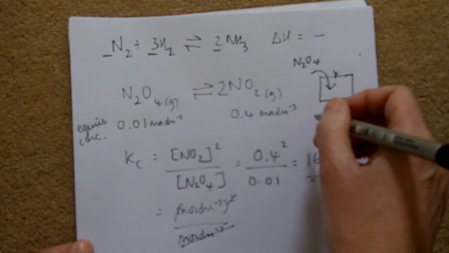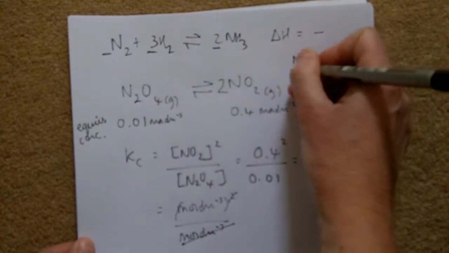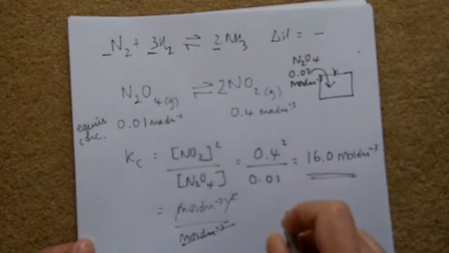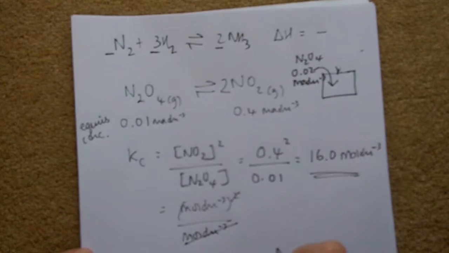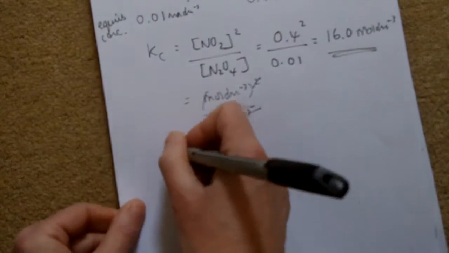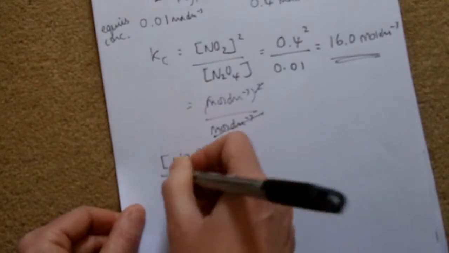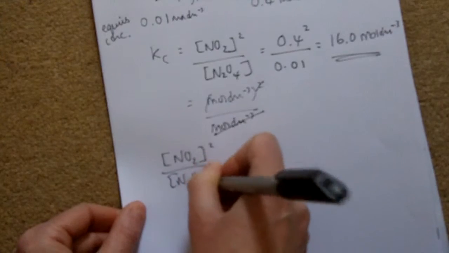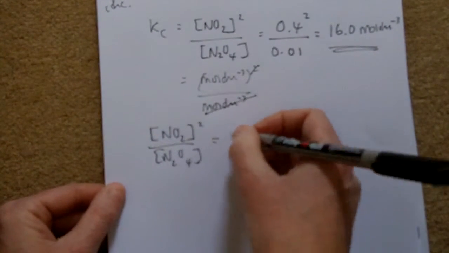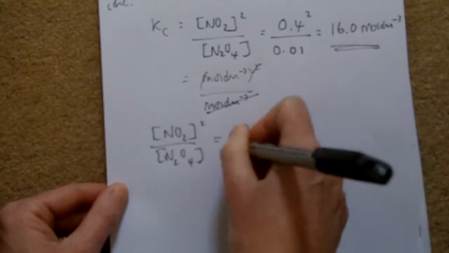So we now have 0.02, we double the amount of N2O4. It is not in equilibrium anymore. If you work out that expression now, NO2 is the same, squared.